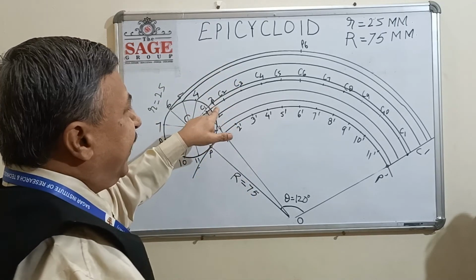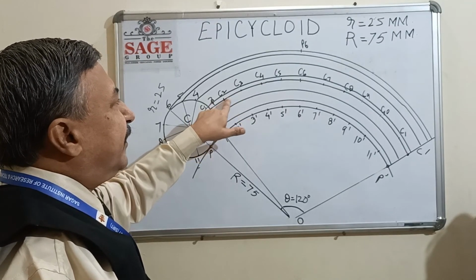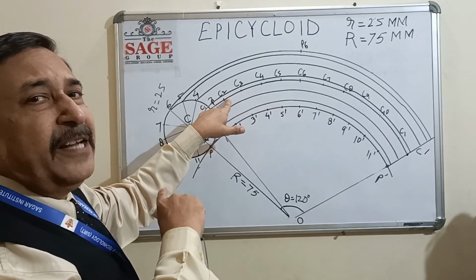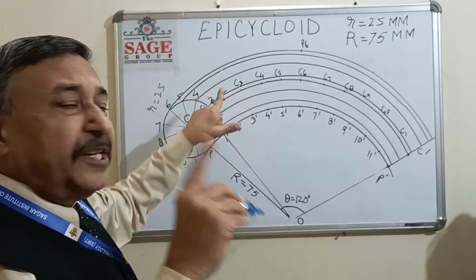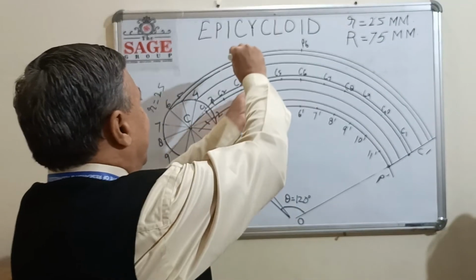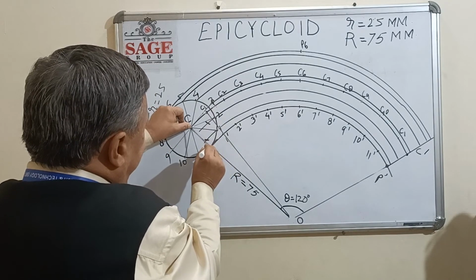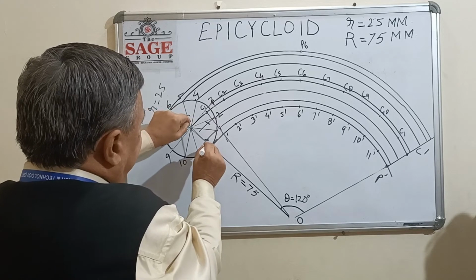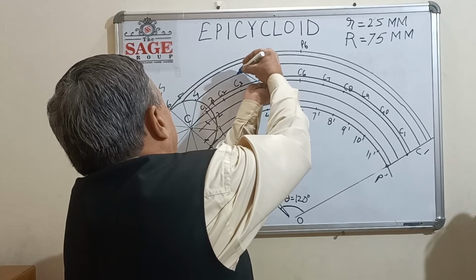Here take care that you don't intersect on this curved path, because this curved path is through center C, not through 3. Now go forward. C4 is the center and the same radius. Radius is CP. Again I am taking CP. Now see, radius CP, center C4, and mark a point here.